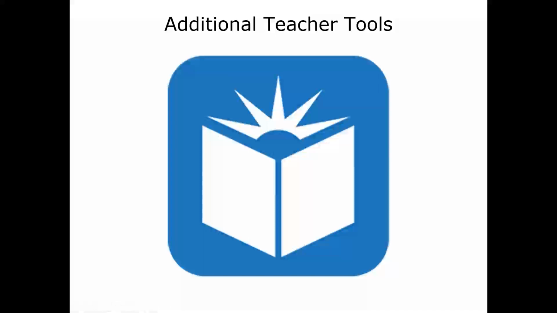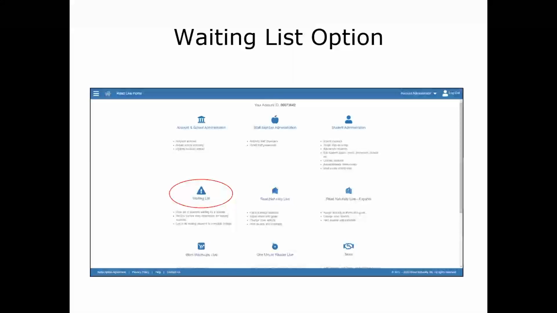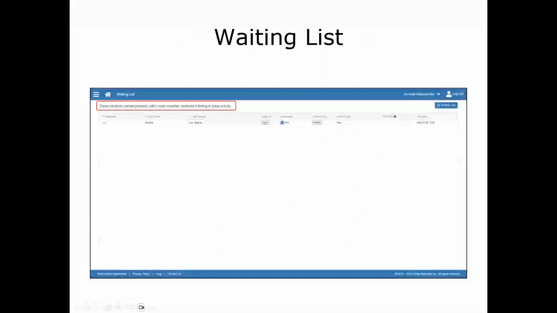So just a couple more comments about some additional teacher tools. I just wanted to mention we do have something called a waiting list. This was designed during distance learning. What happens with the waiting list is if a student is on a step where they're waiting for a teacher, there will be a red circle in the corner of that. And when you click on waiting list, the student's name who is waiting for you will be listed, and the teacher is able to click log in as, and the student will get kicked out and the teacher will be logged in.